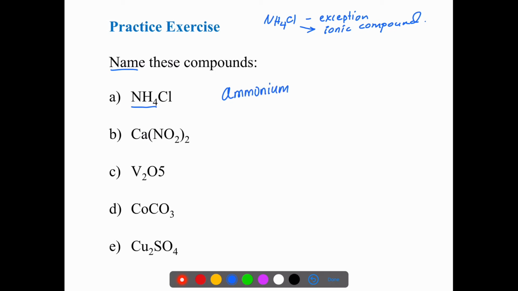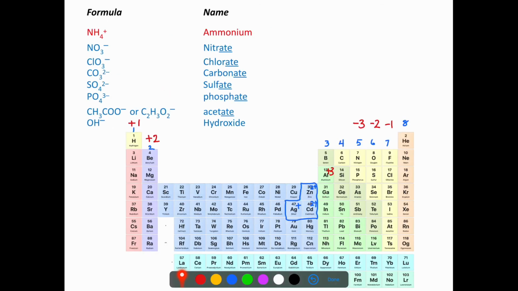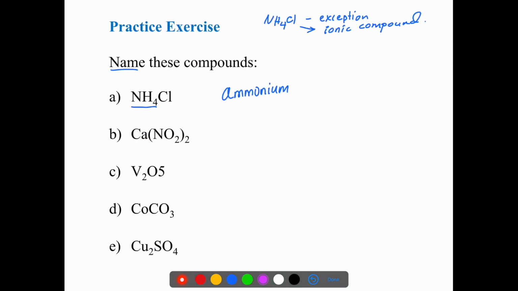So ammonium, and then Cl. This is monoatomic. It's not ClO3 or ClO2. It is just Cl, right? It doesn't contain any other element. It's just chlorine. So it will be named chloride. All these monoatomic ions with charges are named with ide. So it's ammonium chloride.